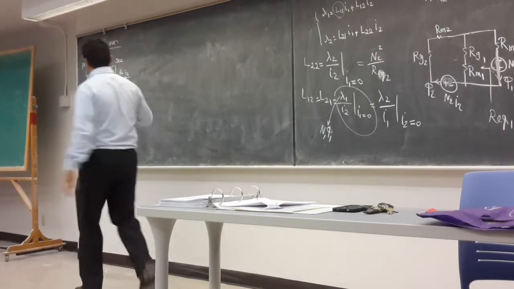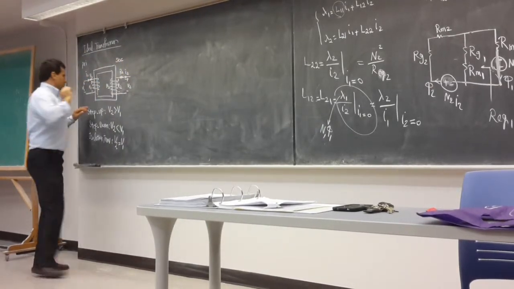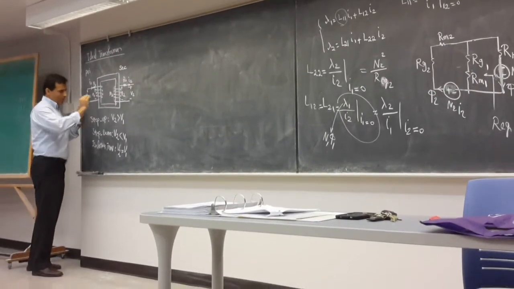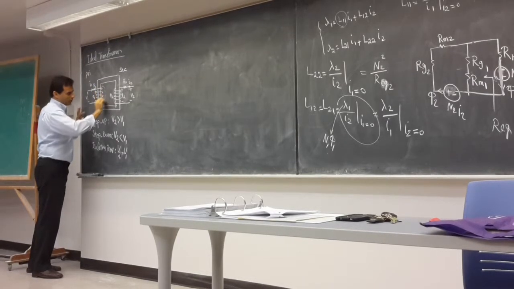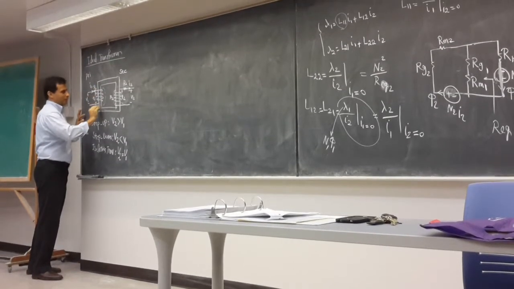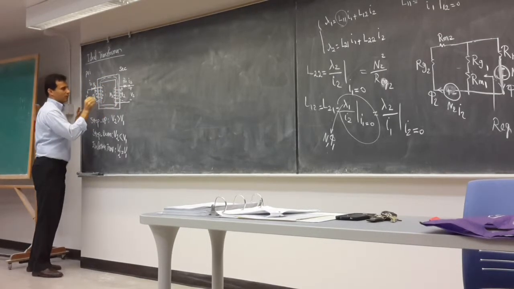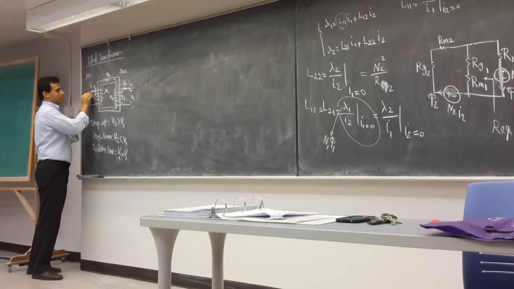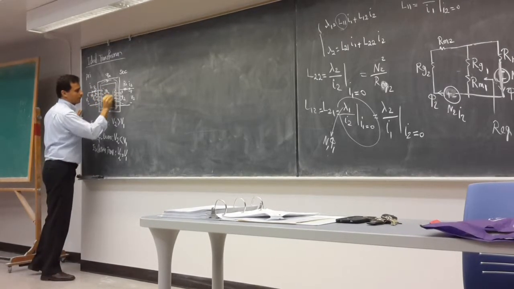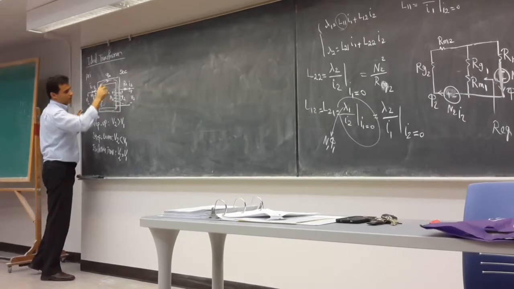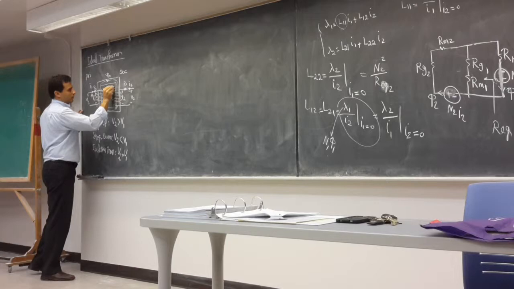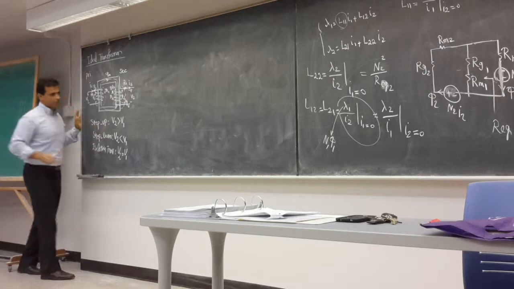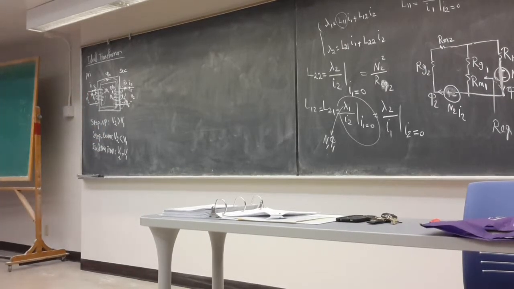Now, when we say ideal transformer, there are a few things we are talking about. Remember, toward the end of the last class, I talked about this one. We have a magnetic flux here, Φm, and we have some leakage flux for every winding.